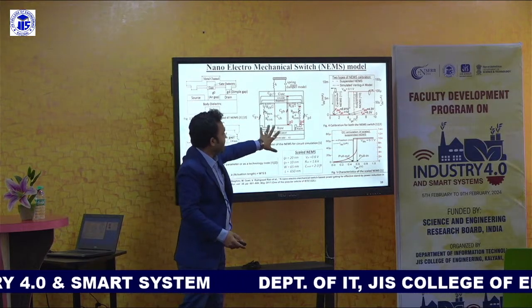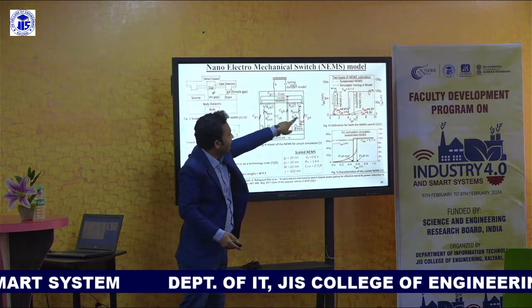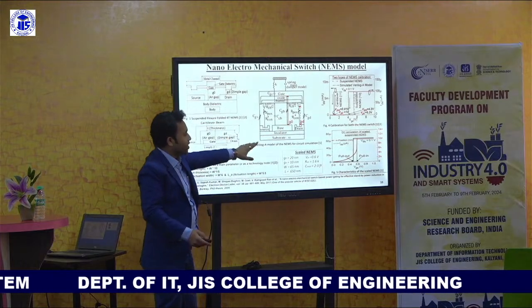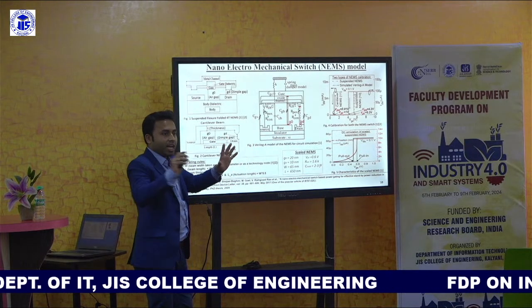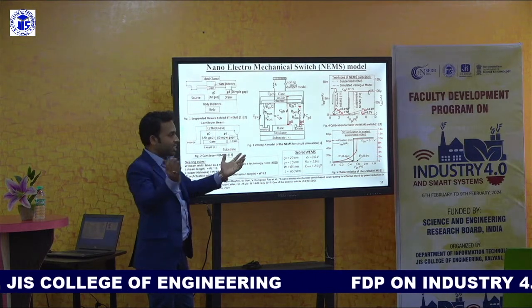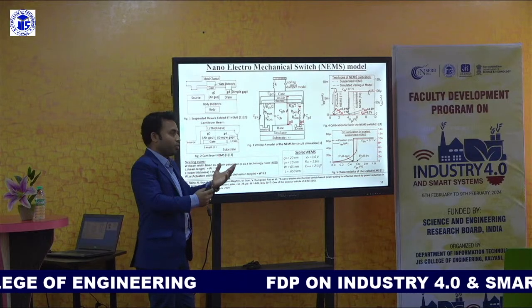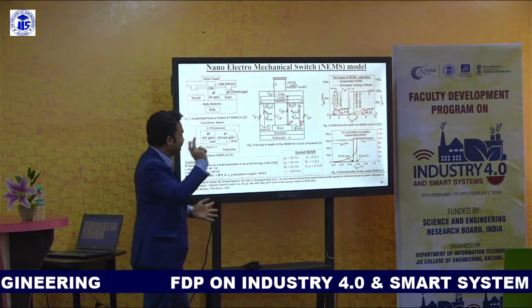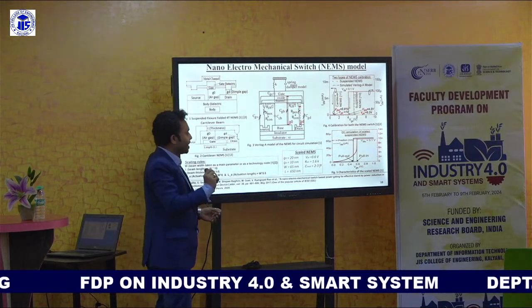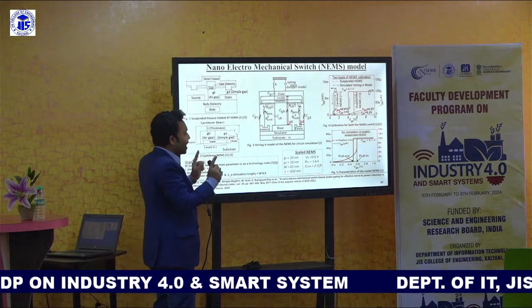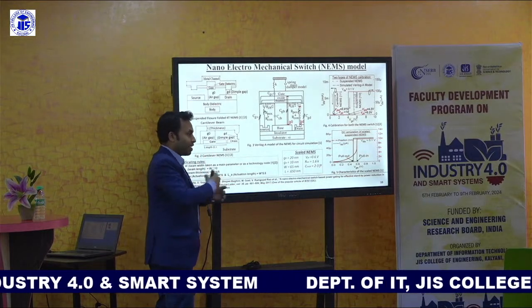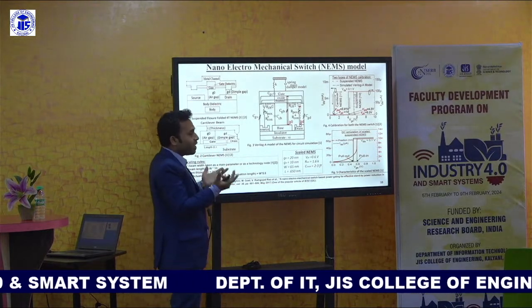Then I calibrated it, because suppose we are doing all this research, right? We have to publish some paper, correct? So from a publication perspective, we always have to keep in mind that we need calibration. Why calibration?